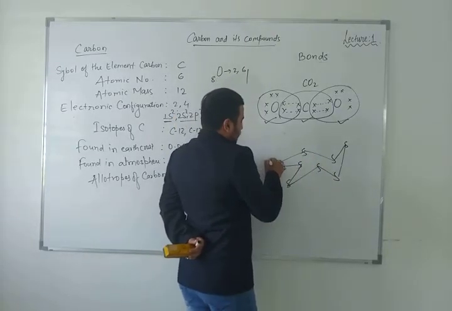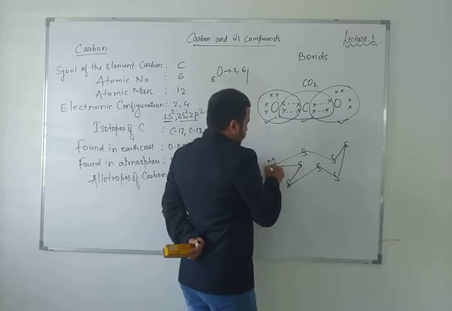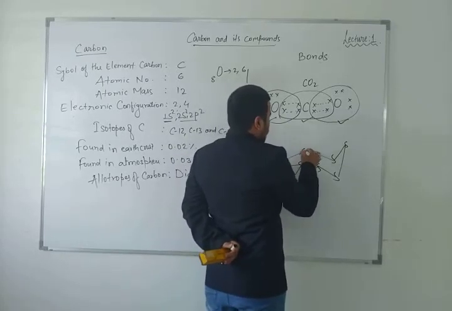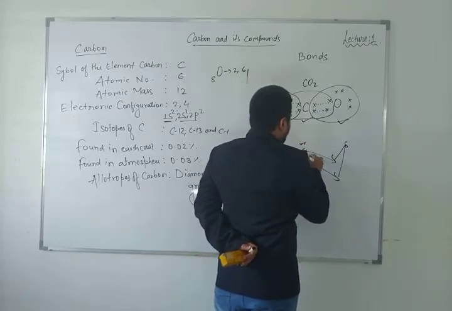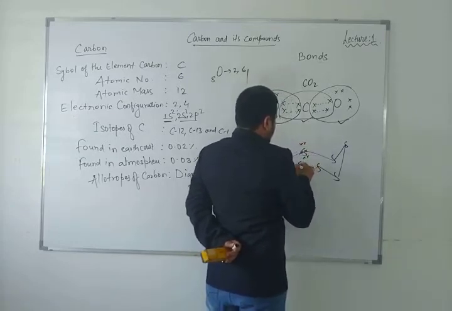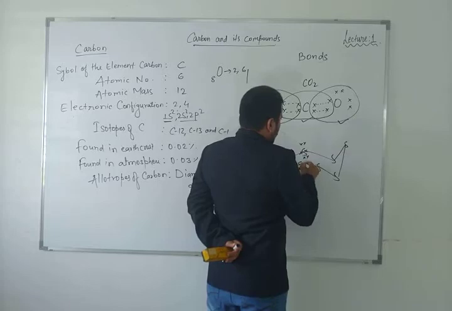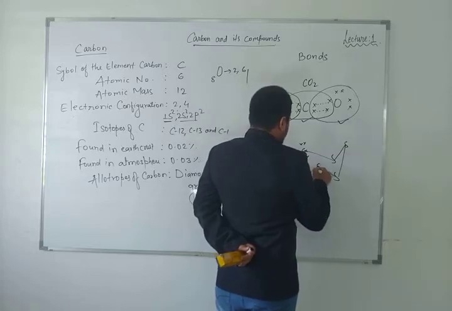Here you can see 1, 2, 3, 4. The fifth and sixth electrons are shared. 1, 2, 3, 4, 5, 6. Here also you can see 1, 2, 3, 4, 5, 6.